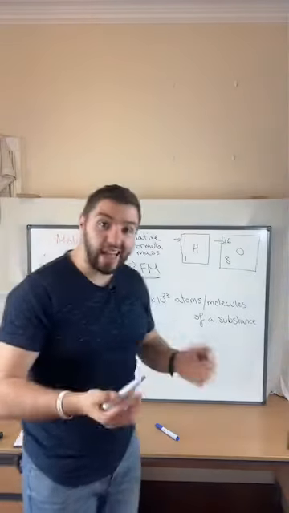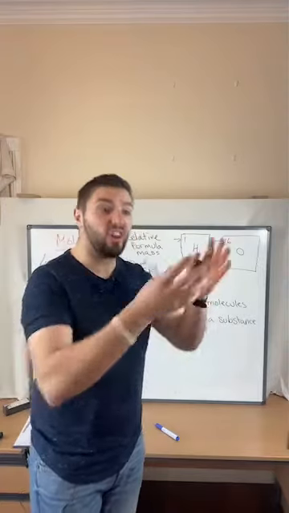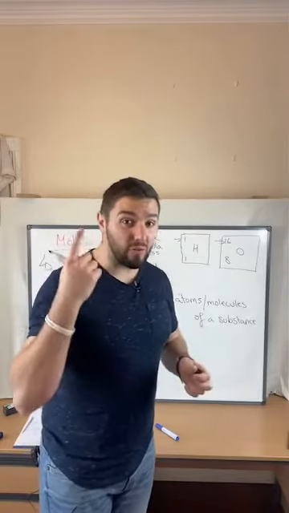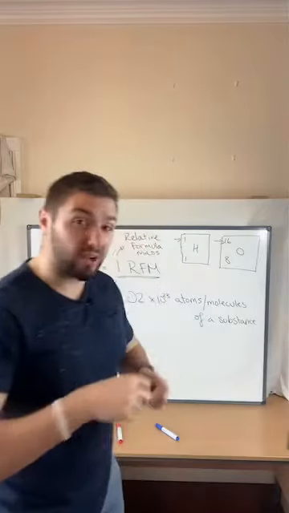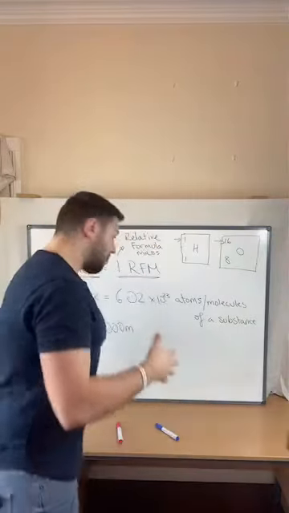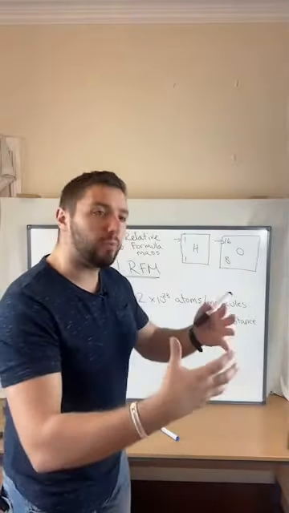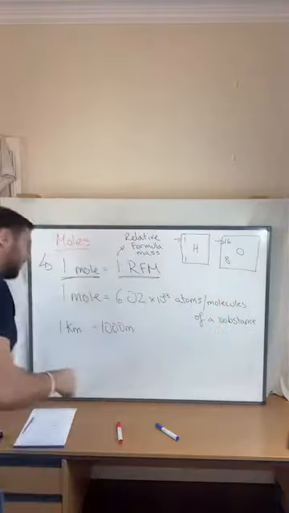Okay, it's the exact same thing. So if we've got the entire relative formula mass of a substance, we can say that that's the equivalent of 1 mole. Now that's going to become very useful in a minute when we have different substances that don't fully add up to the relative formula mass. I'll explain that a little bit more in a second.